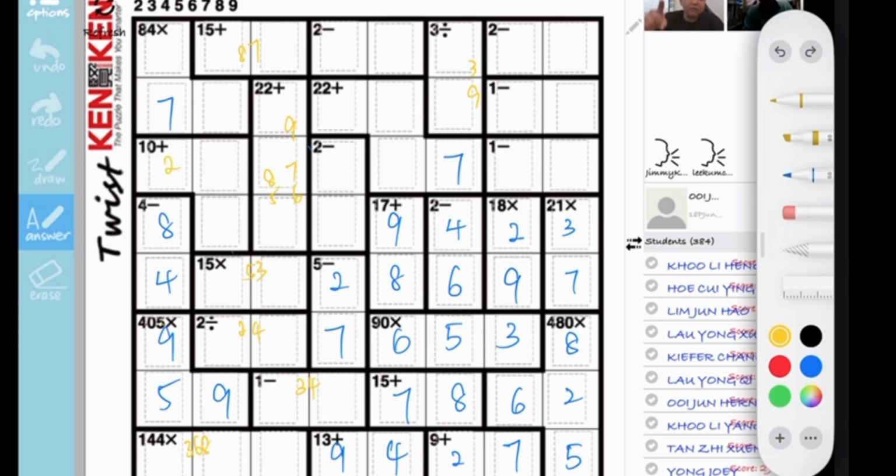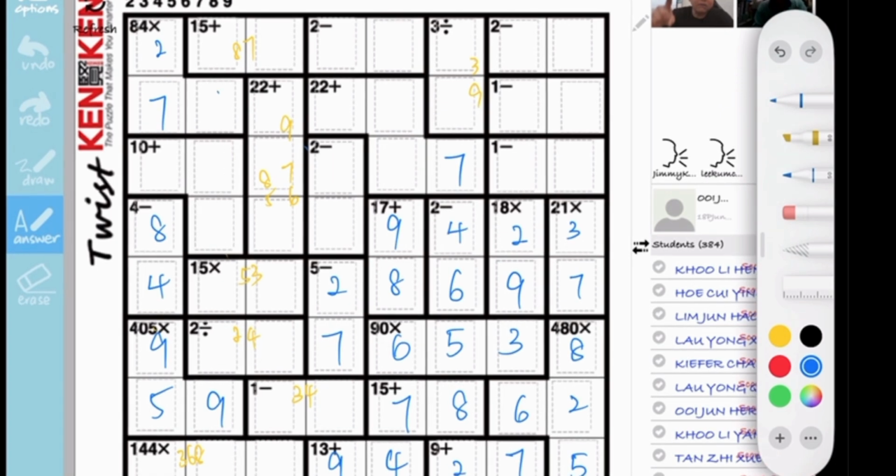And 6 and 2 are also not possible because we have a 2 here. So we have no possible number if we were to put the 2 here. So 2 must be at the first row. And then here will be 6.